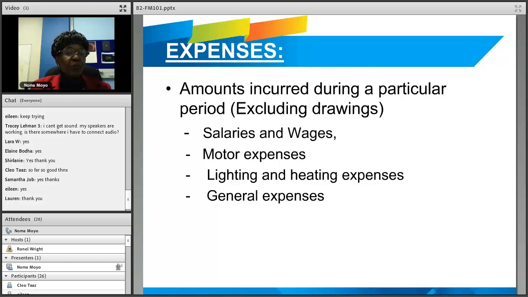You have money in your business, you decide to throw a 21st birthday party for your son. You are drawing. That's not an expense. That's money that you have taken for your own use. Expenses is money that is used within the business. Examples: salaries and wages, motor expenses, lighting and heating expenses, general expenses.